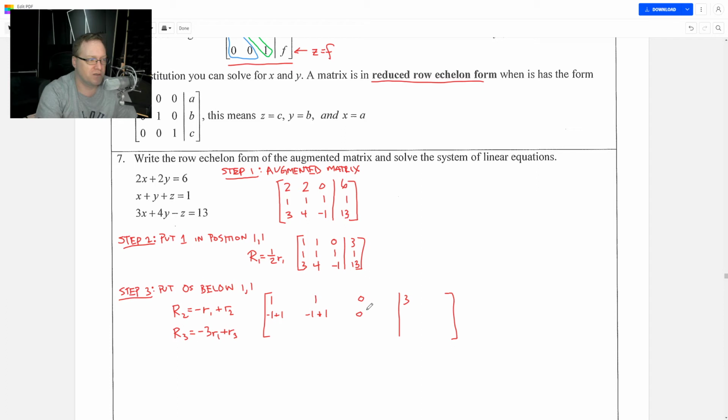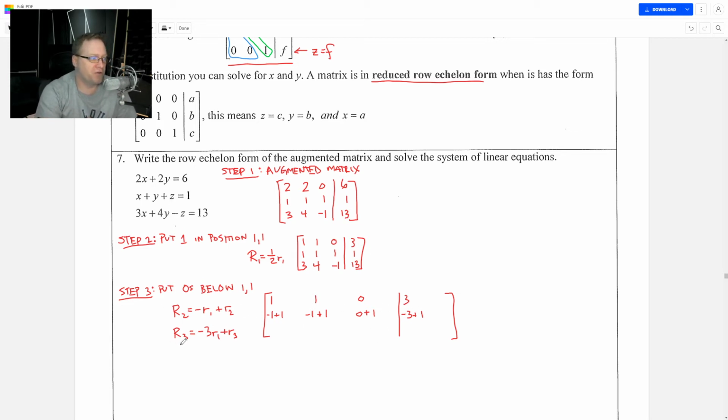And then, finally, over here, old row 1, make it negative, so that's -3, and then we add old row 2, which is plus 1. Okay, good. So that's the second row.